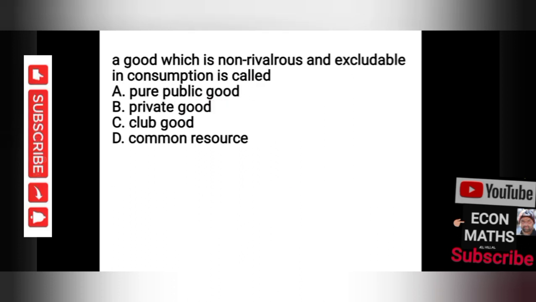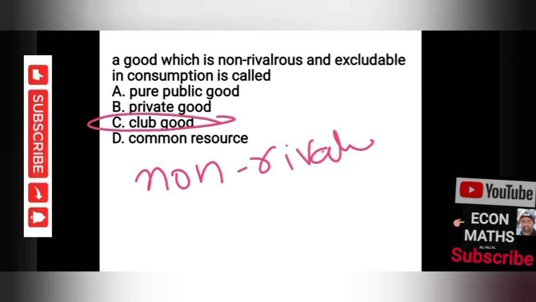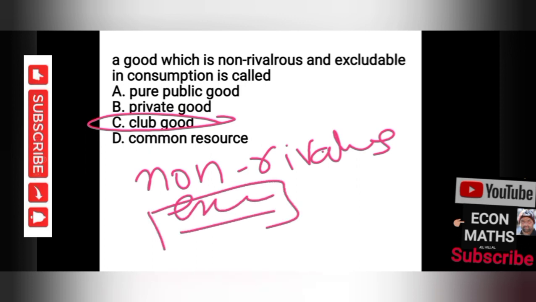Next question is, a good which is non-rivalrous and excludable in consumption is called: pure public good, private good, club good, or common resource. The correct option is the club good. Club goods are those goods which are non-rivalrous and excludable. Like we have the example of cable TV.